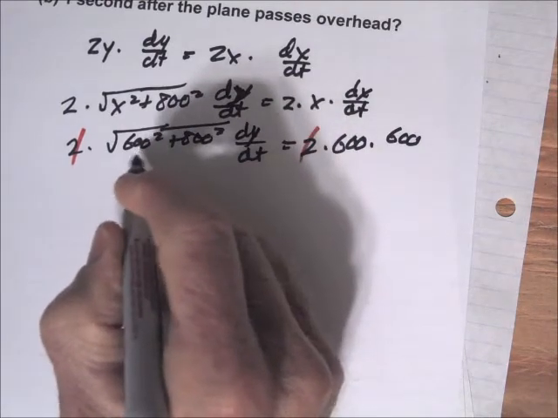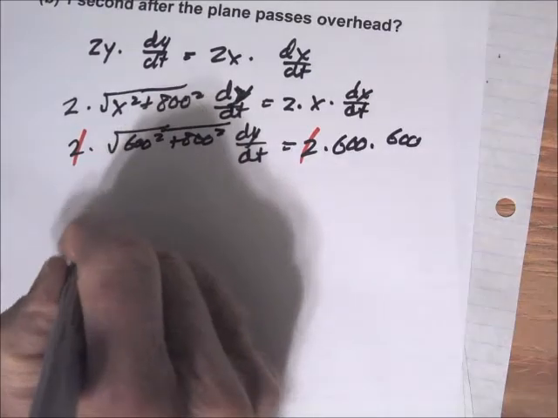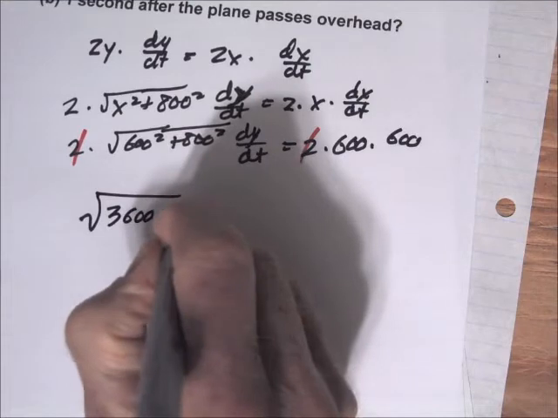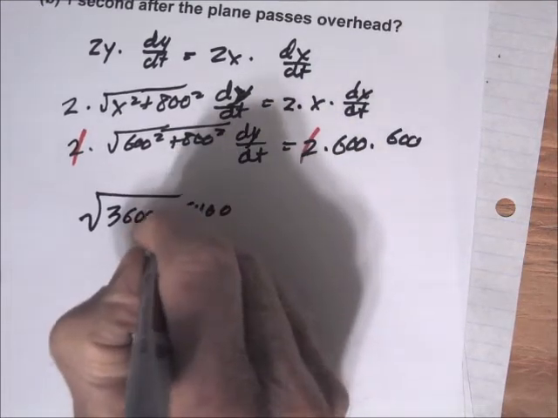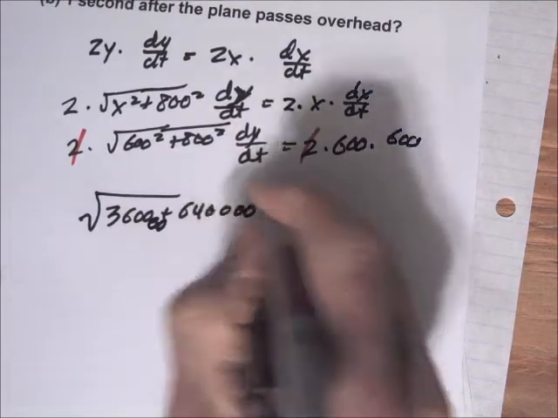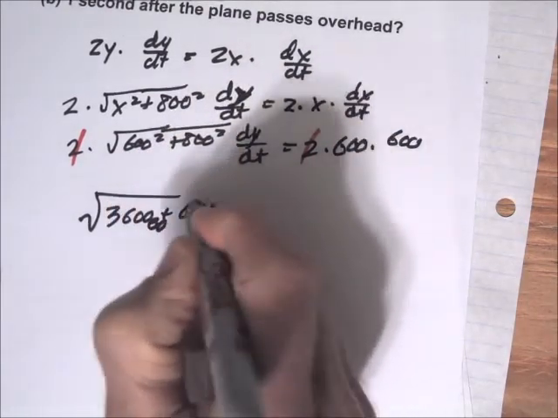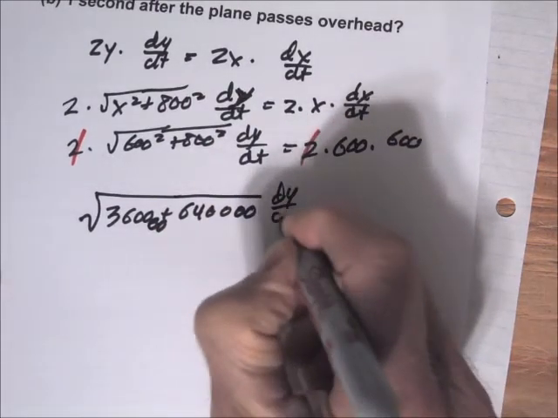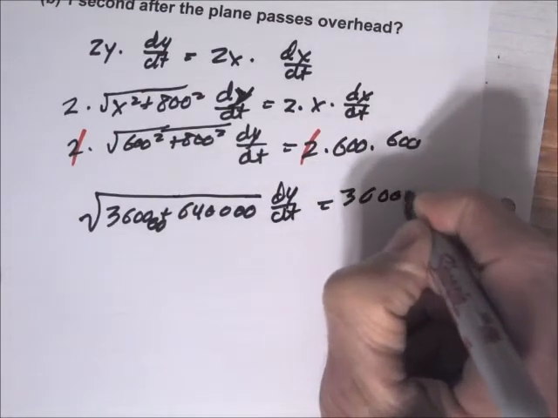I'll just do out the arithmetic. We have 600 squared plus 800 squared. 6 times 6 is 36, and then we double the number of zeros. 8 times 8 is 64, double the number of zeros again.